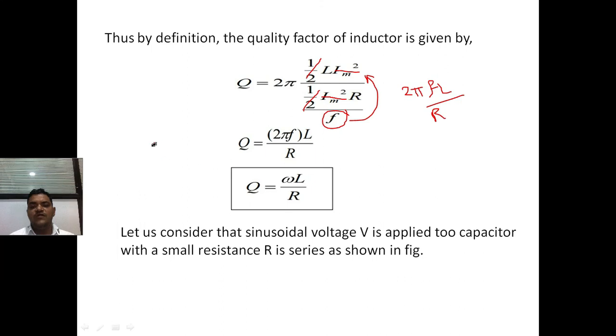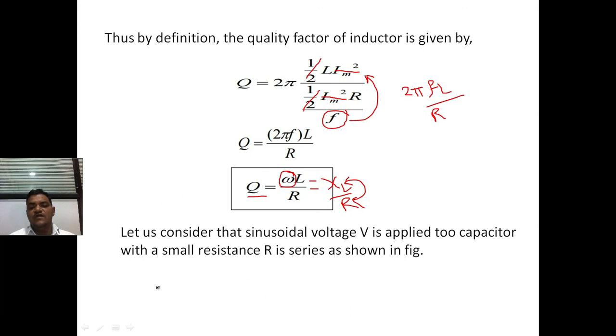Means the quality factor is found out, it is 2 pi f L upon R, and 2 pi f stands for the angular frequency omega, and omega L stands for the inductive reactance XL upon resistance R. Means according to the basic definition, the quality factor Q is defined as the ratio of inductive reactance to the resistance.